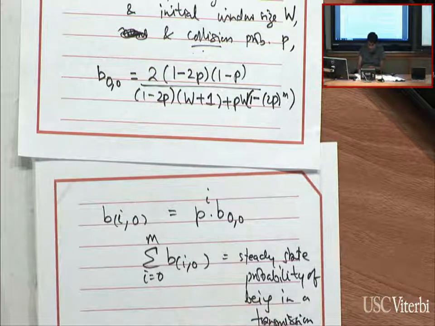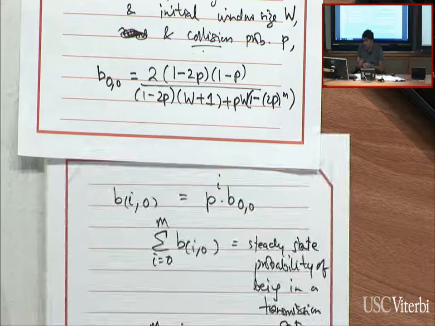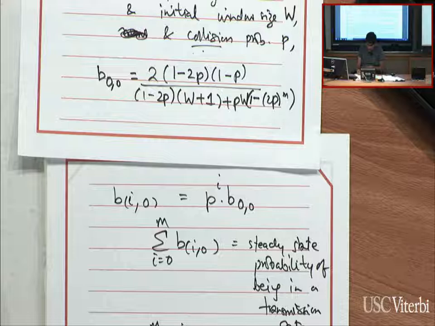So what is this? We actually have the equation. We have i goes from 0 to m, p to the i times b00.